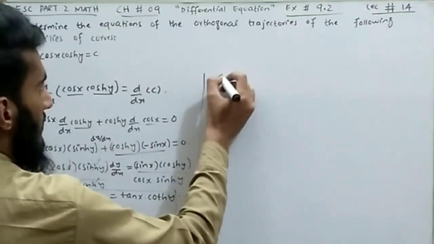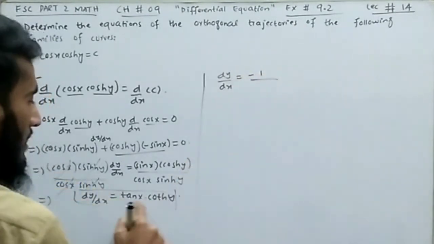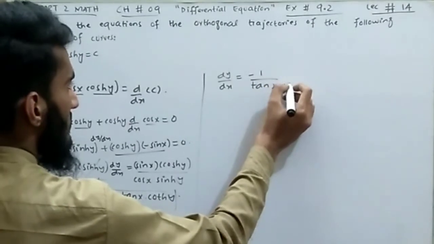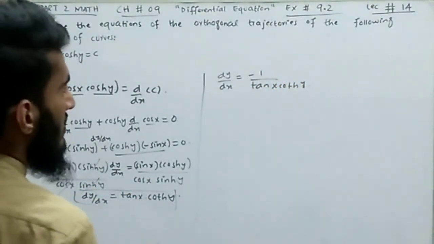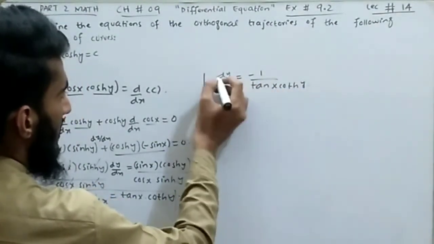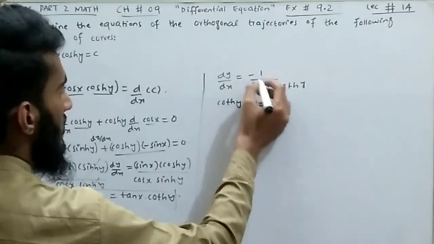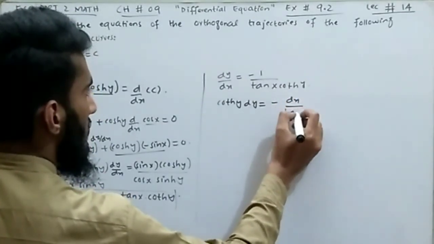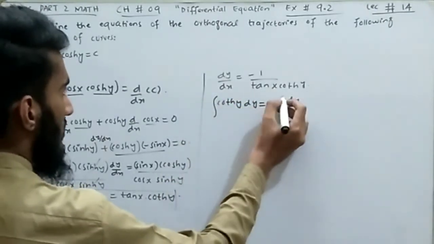Now taking another derivative, dy by dx is equal to minus 1 over the original derivative, which is tangent x cotangent hyperbolic y. So it becomes shift dx to this side and cotangent to this side, so it becomes cotangent hyperbolic y into dy is equal to minus dx over tangent x, and take the integral.